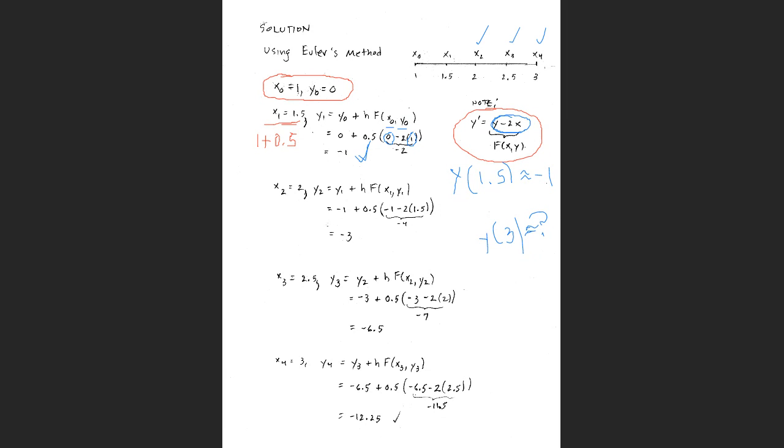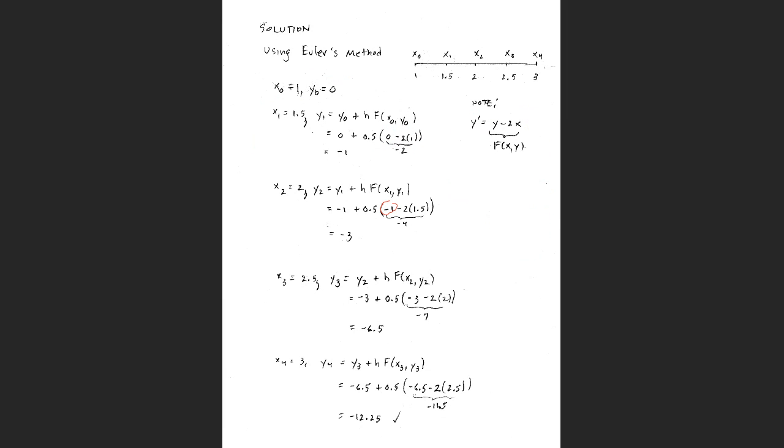On the next iteration, x2 equals 2, and then y2 equals y1 plus h times f of x1, y1. Well, y1 is -1. We got that from the previous iteration.